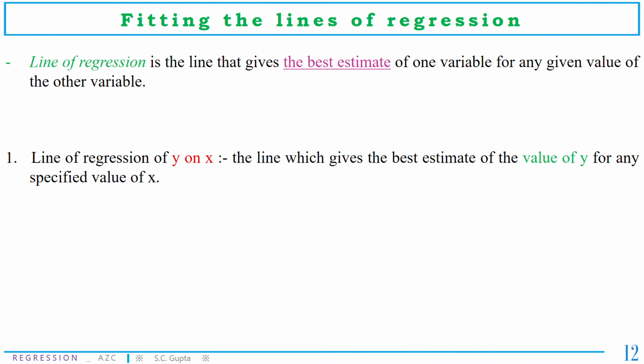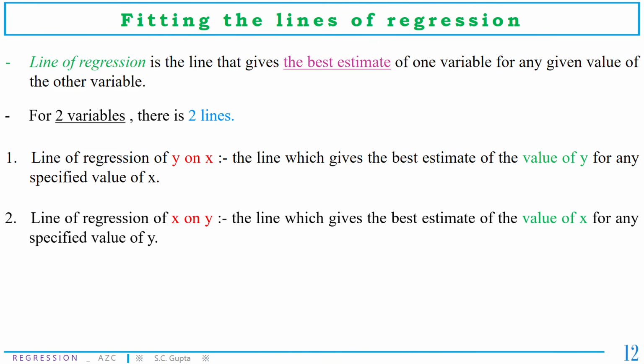Fitting the lines of regression. The line of regression is the line that gives the best estimate of one variable for any given value of the other variable. The line of regression of y on x is the line which gives the best estimate of the value of y for any specified value of x.